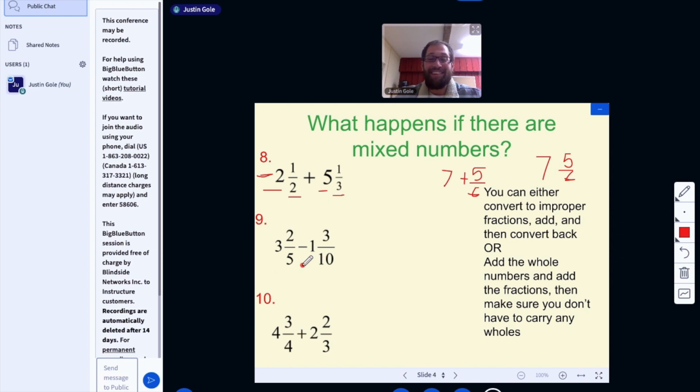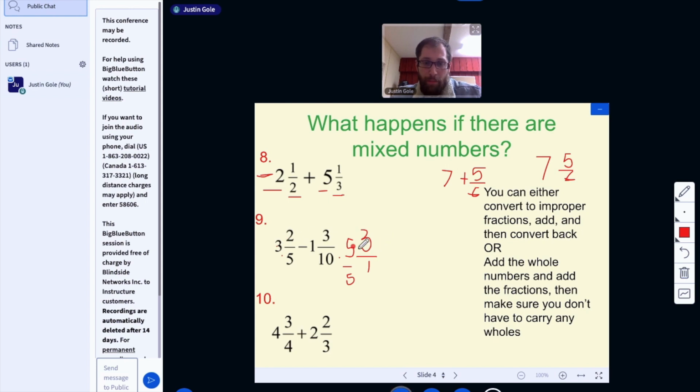Now this next one, we're going to do it as making it an improper fraction. So for an improper fraction, now 3. What if I wanted to rewrite 3 as a fraction over 5? 3 over 1, we really think about as 3 over 1 times 5 over 5.